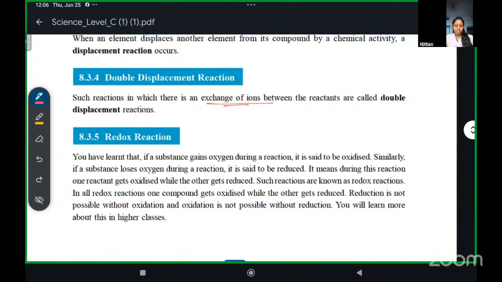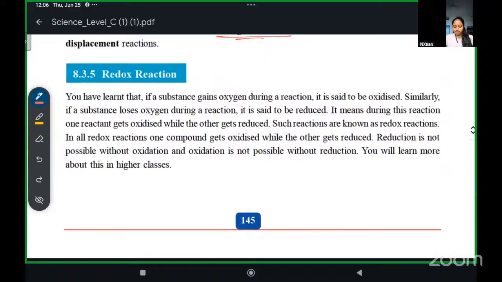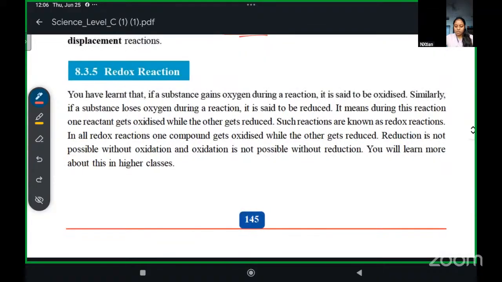Now come to redox reaction. What happens in redox reaction? When a substance gains oxygen during a reaction, it is said to be oxidized.